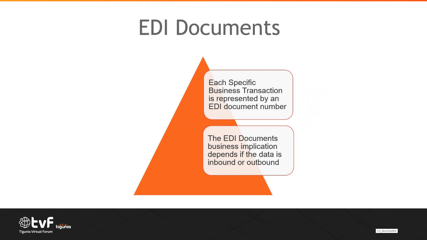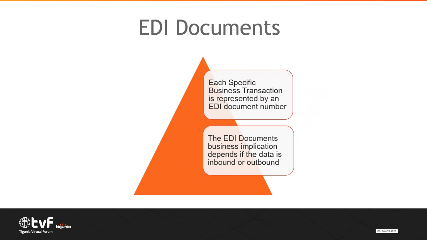EDI documents. As I was saying a little bit earlier, each specific business transaction is represented by an EDI document. So a sales order is a document. An invoice is a different document number.